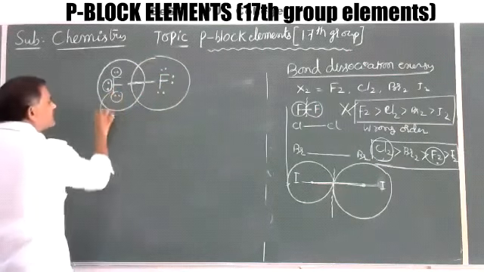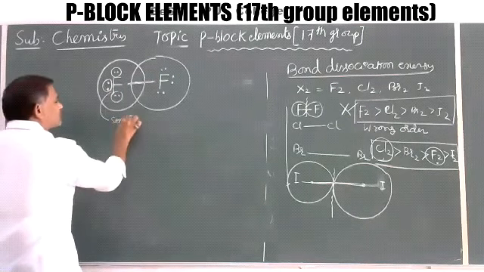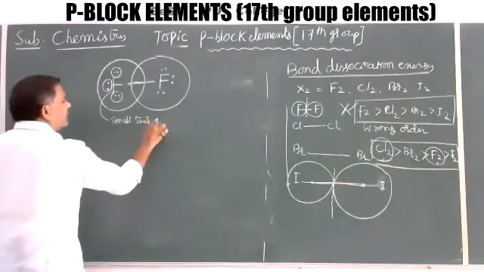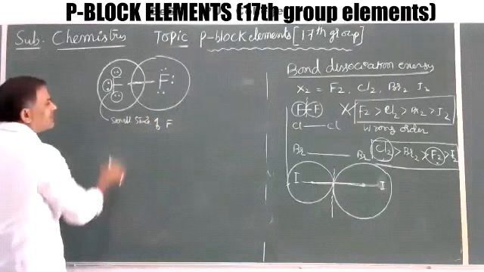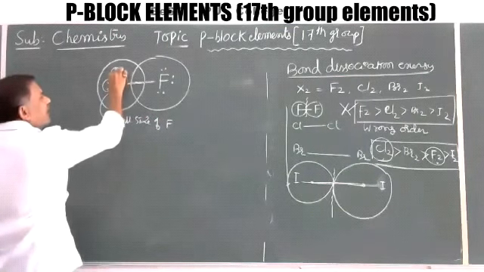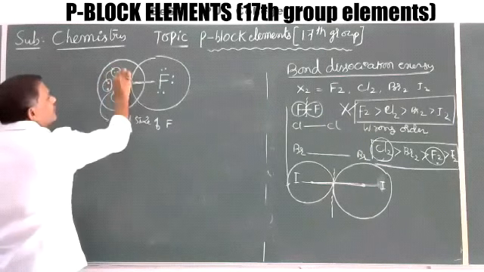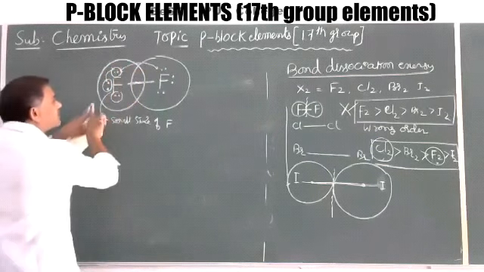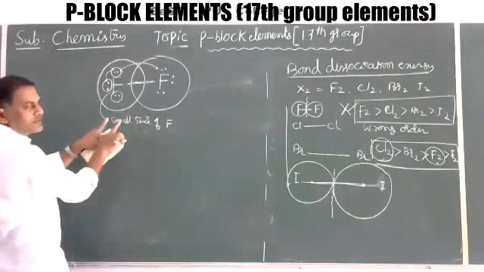Due to the small size of fluorine, the occupied space is less, and between these electrons repulsion takes place.